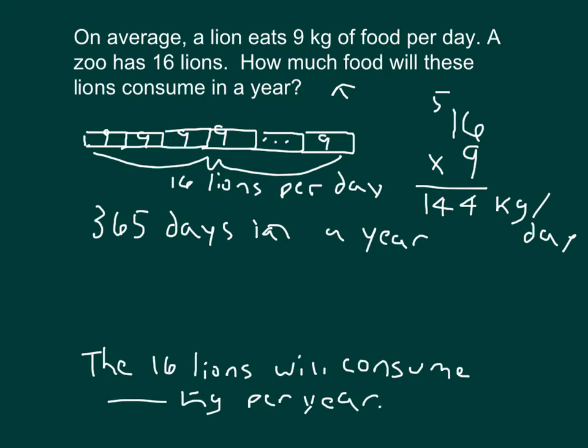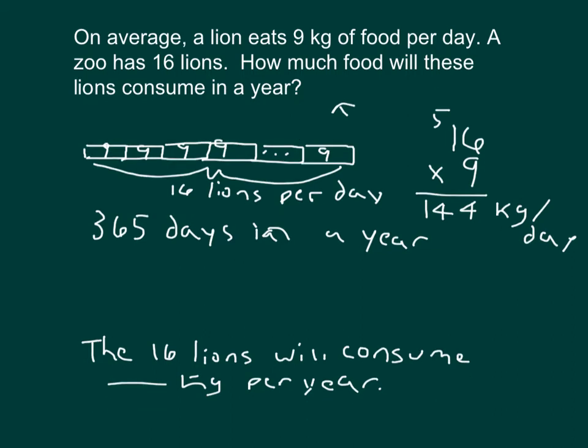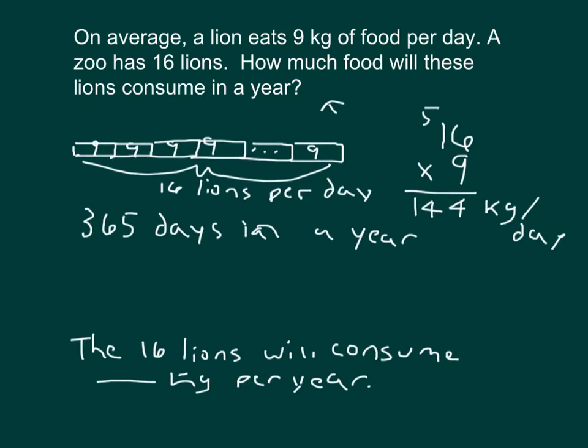do is look at this here, 365 times. I could draw it out 365 times, but that would take me a long time to draw it all out. I almost use the same type of thing where I use the dot dot dot here, except here it would be 365 times that 144.